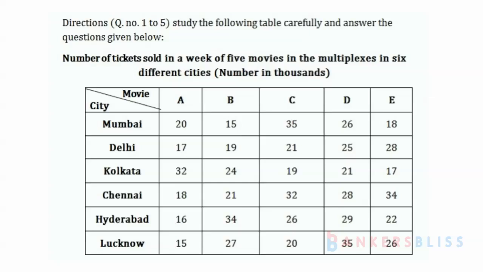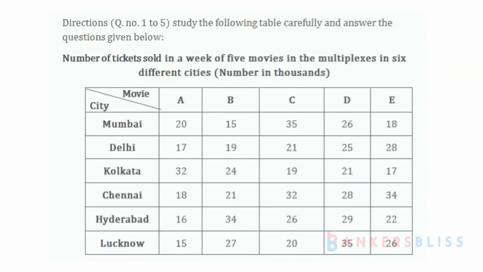So Mumbai city theatre A they have sold 20,000 and city Kolkata theatre C they have sold 19,000. City Lucknow movie E, they have sold 26,000 tickets. City Chennai and movie D they have sold 28,000 tickets. So this type of data they have given. You can observe here in a small table they have inserted so many data. Okay, so let's start to solve the problems.